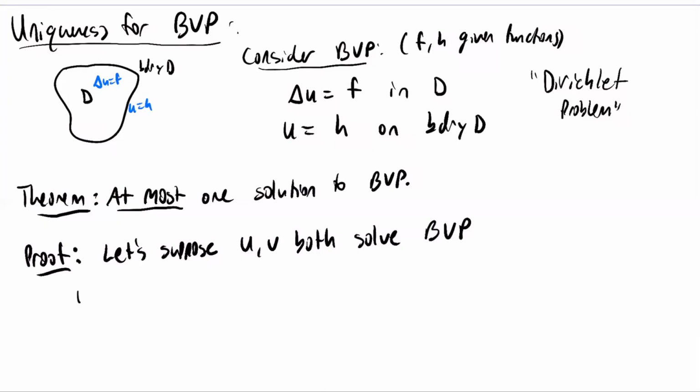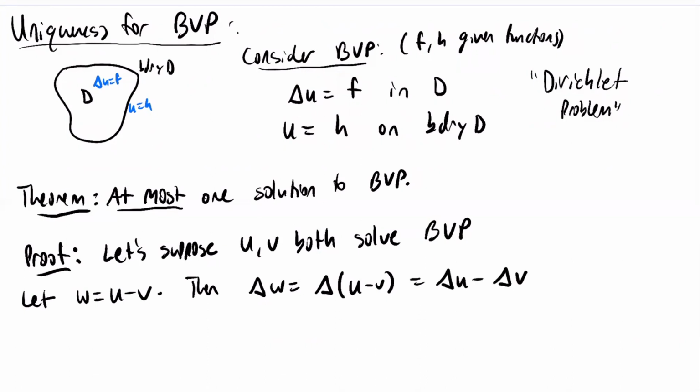As we've done a million times by now, we define the difference of these two functions, w equals u minus v. Since Laplace's equation, or in this case the non-homogeneous version of it, which is the Poisson equation, has a linear operator on the left, we can calculate the Laplacian of w. This is the Laplacian of u minus v. It's linear, so this is the Laplacian of u minus the Laplacian of v. Both of these solve the boundary value problem, so this is f minus f. Of course, a function minus itself is always equal to 0. So w is harmonic.